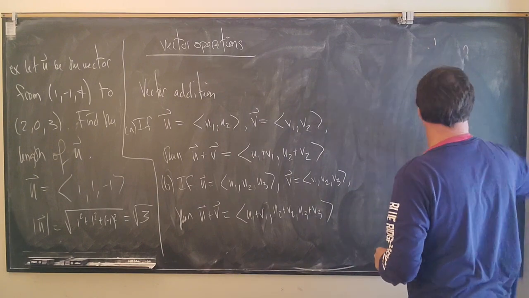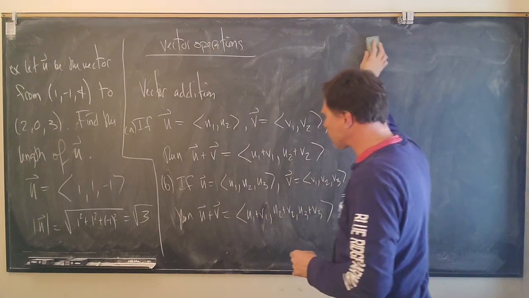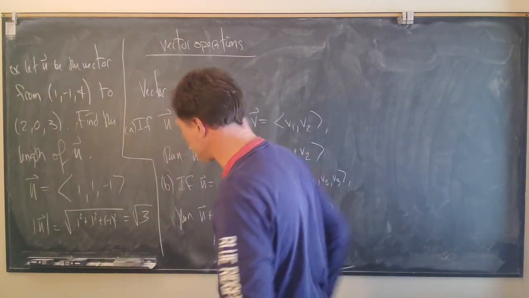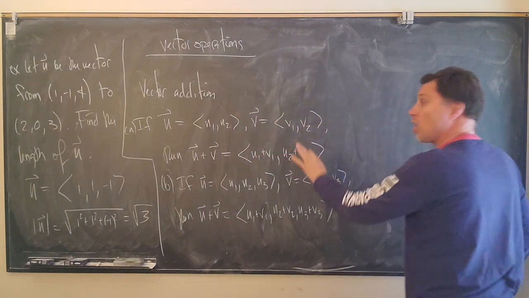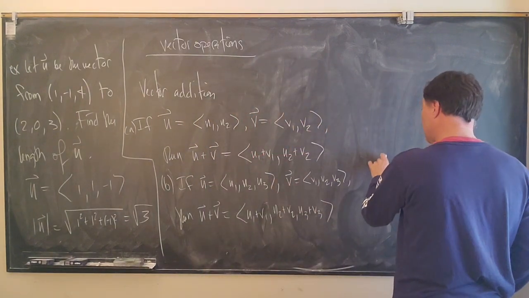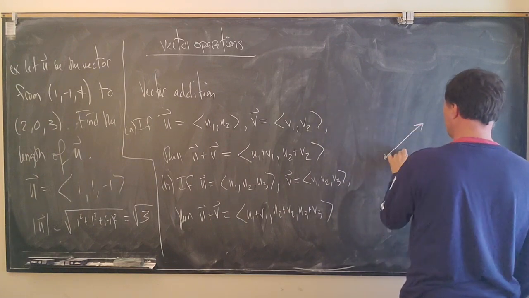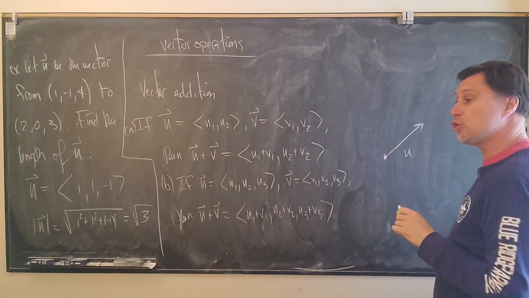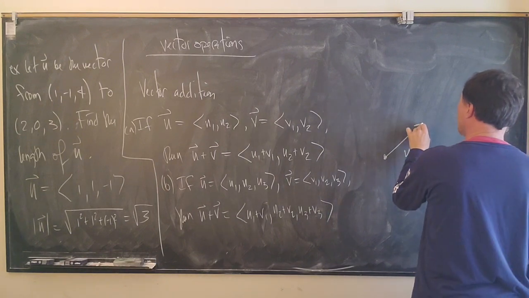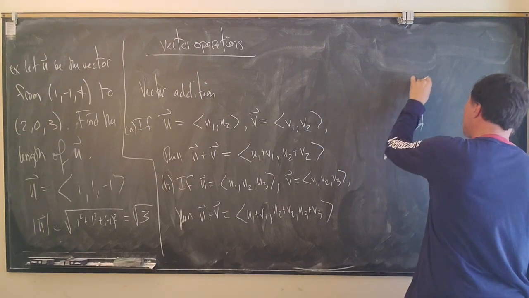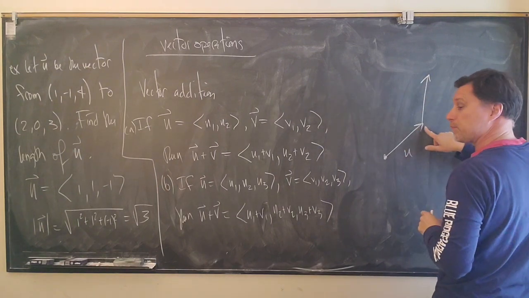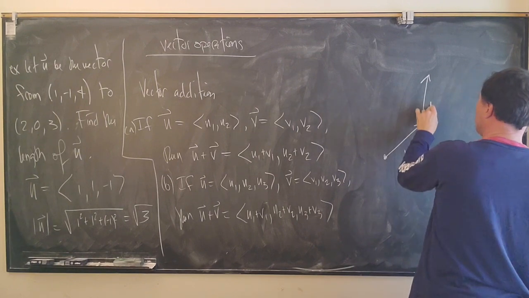And there's a nice geometric way to picture vector addition, whether you're in R2 or R3. If you have u like this, choose the representation for v that emanates from the tip of the arrow of u.